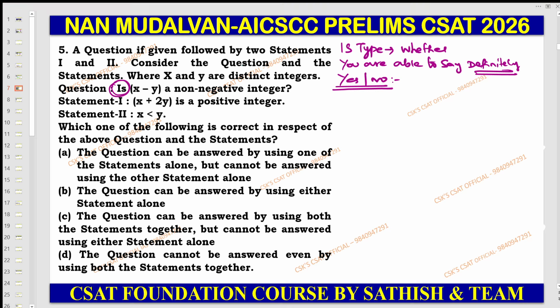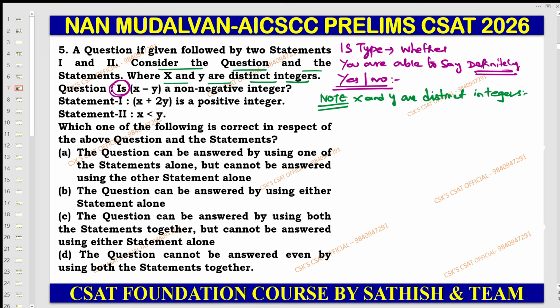Next part. Consider the question and the statement where x and y are distinct integers. That is a very important statement you need to note here. x and y are distinct integers. Here nowhere is it mentioned as positive or negative. Here it is clearly mentioned x and y are distinct integers.